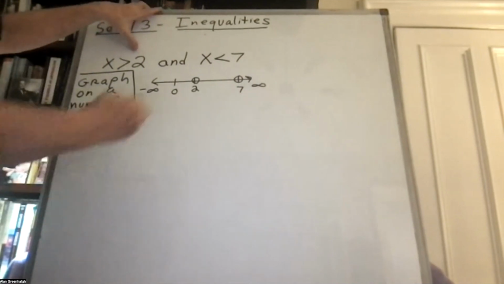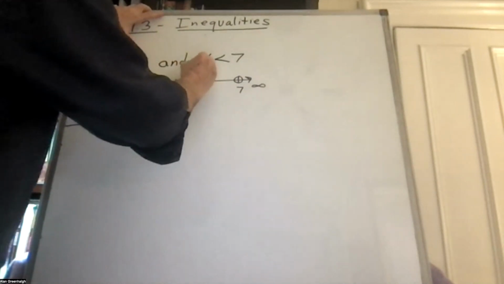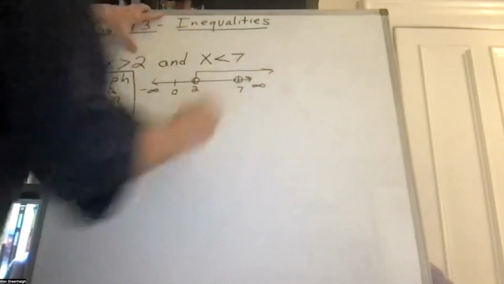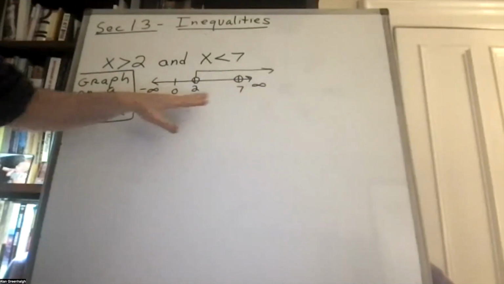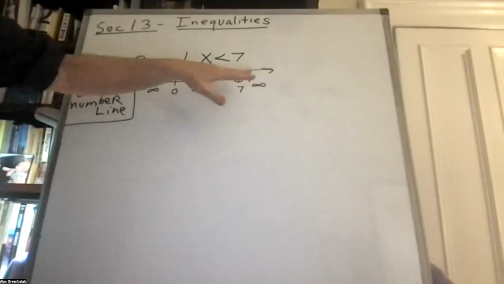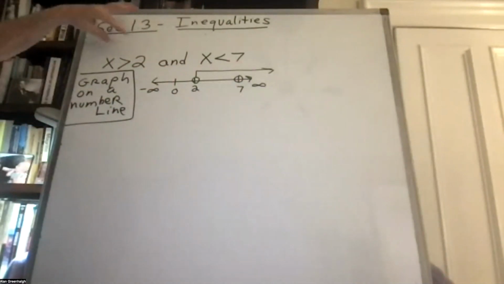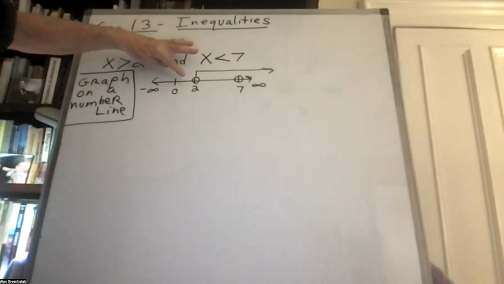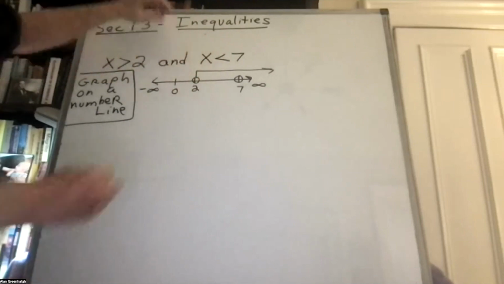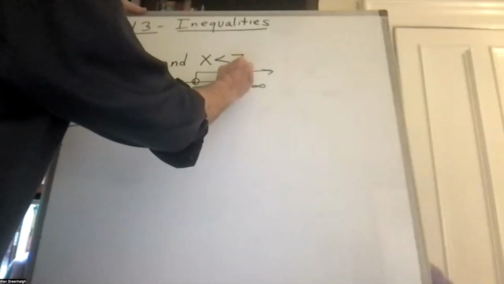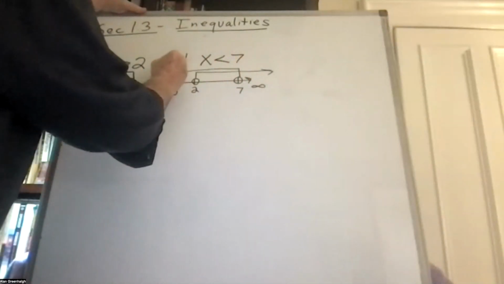X is greater than 2 will sort of look like this. Since I'm going to do 2 graphs on the same number line, I need to figure out a way that they don't intrude on each other, right? So X greater than 2, that's what it looks like. And X less than 7 will be this, going in the opposite direction.